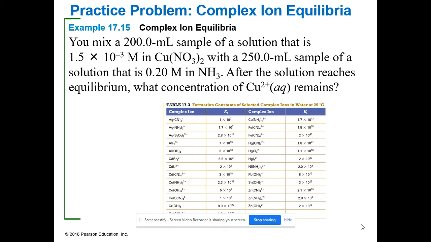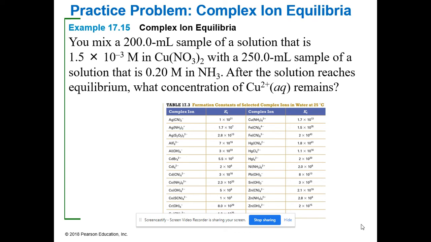It says you mix 200 mLs of 1.5 times 10 to the negative third molar copper nitrate. So you have 200 mLs of copper nitrate solution, 1.5 times 10 to the negative third molar. You then have another solution. So you have a separate beaker that has 250 mLs of 0.2 molar ammonia. What you're going to do is mix those two together.